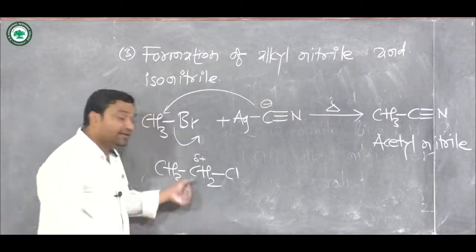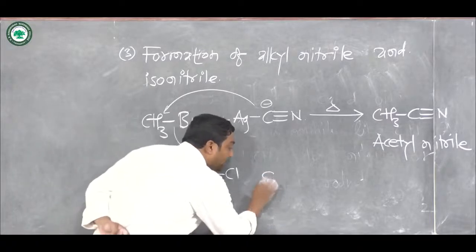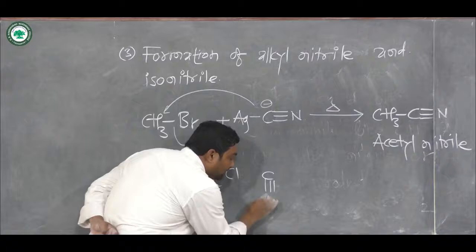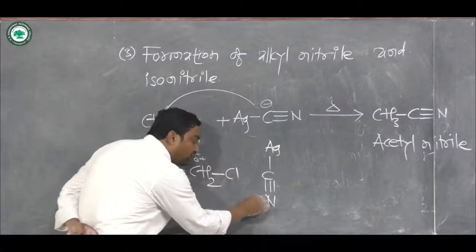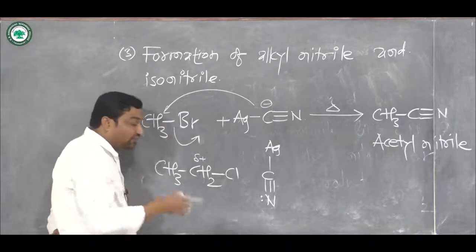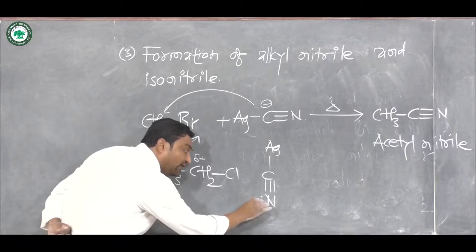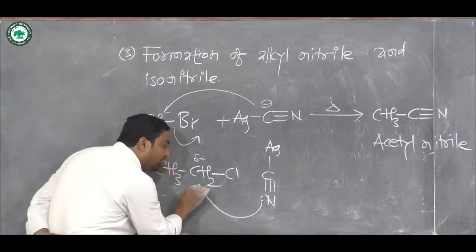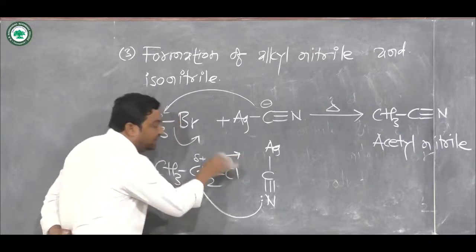Now if I treat this ethyl chloride with AgCN, and the nitrogen atom which has a lone pair acts as a nucleophile here, this nucleophilic nitrogen atom tries to attack this electrophilic carbon atom, and this chlorine atom will be eliminated.